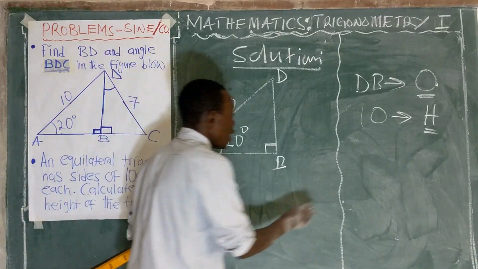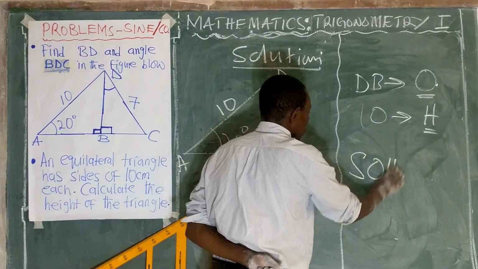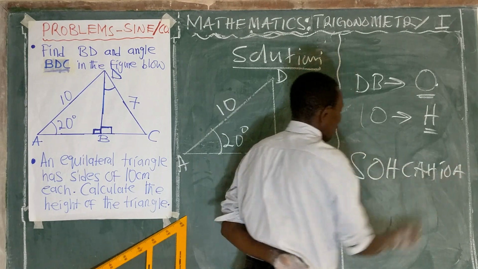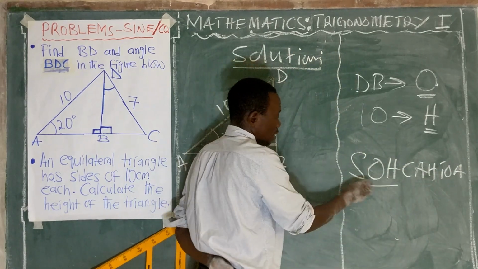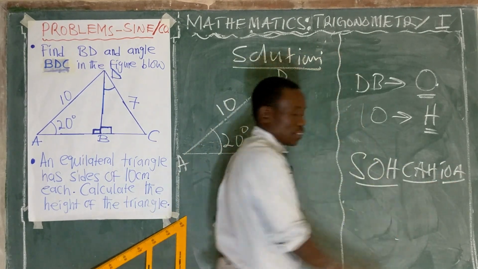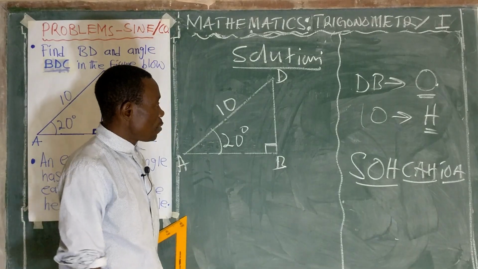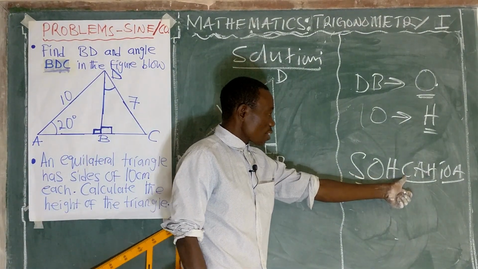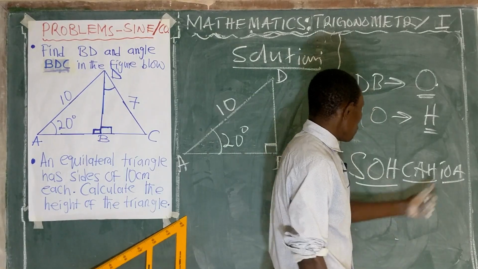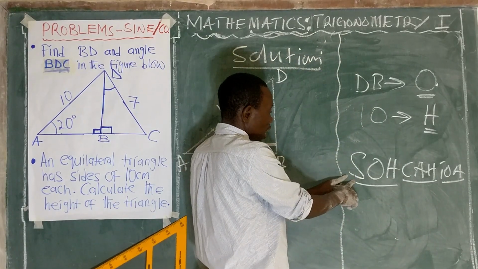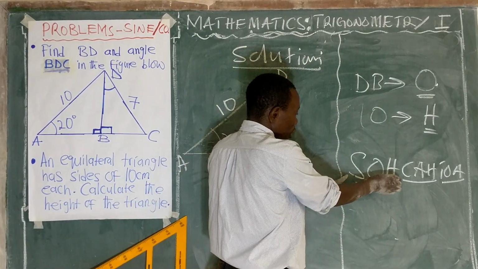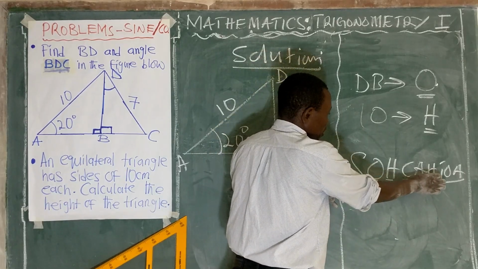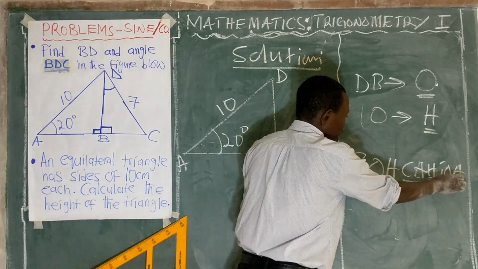So if you look at the word itself, SOH CAH TOA, three sets of letters. You'll be able to see that the S is sine, the C is cosine, T is tangent. So we talk of the sine as opposite over hypotenuse, cosine adjacent over hypotenuse, tangent opposite over adjacent.